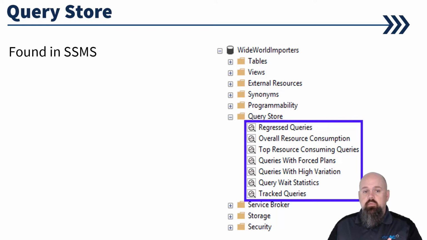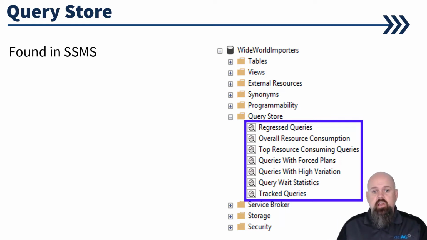We can see from the diagram on the slide, we've got a couple of options in how we can determine where our performance issues lie. The first one I always go to is the top resource consuming queries, which is that third one from the top of the list. That will give me a quick overview as to which queries are consuming the most resources for my SQL Server.